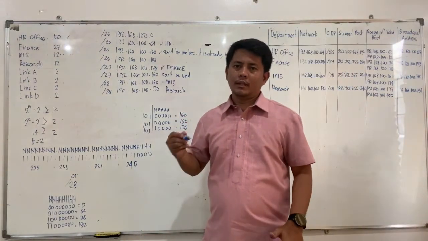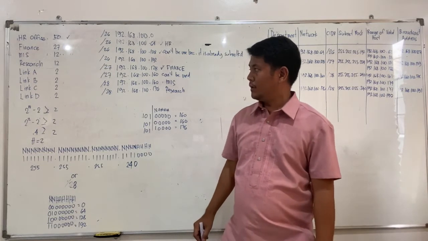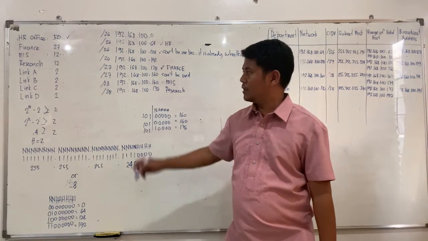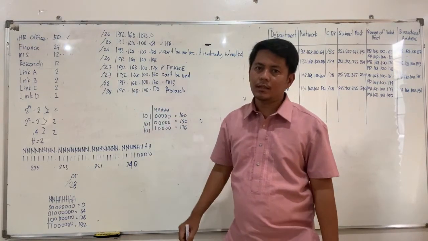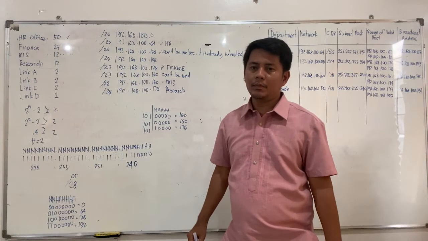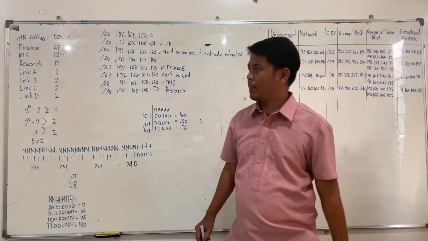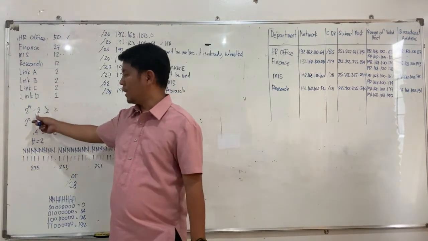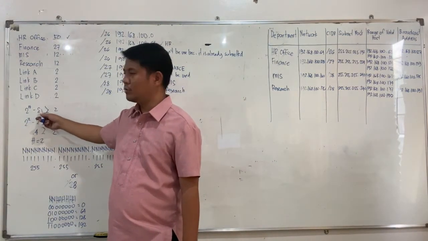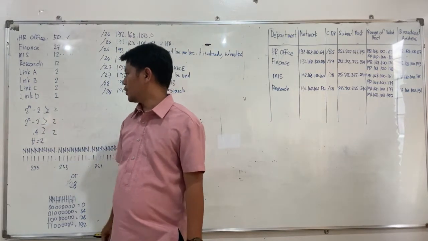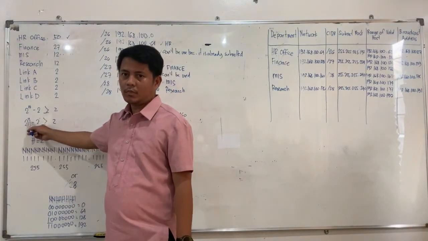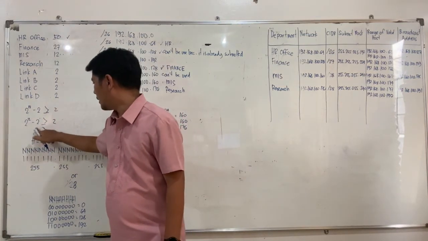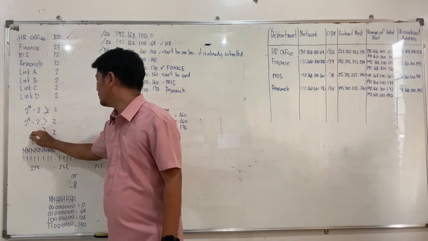Now let's define also the number of valid hosts for link A, link B, link C, and link D. Remember, each of these links has the same number of hosts, which is 2. Basing from the formula, 2 raised to h minus 2 should be greater than or equal to 2. So what is our h? Our h is 2, since 2 raised to 2 is 4, minus 2 is equivalent to 2.